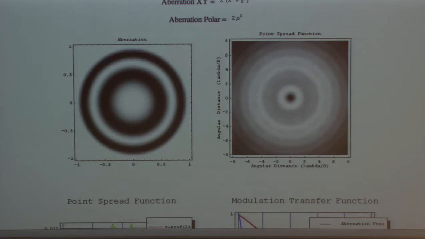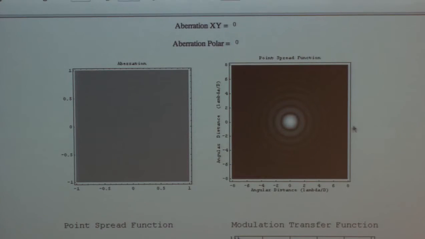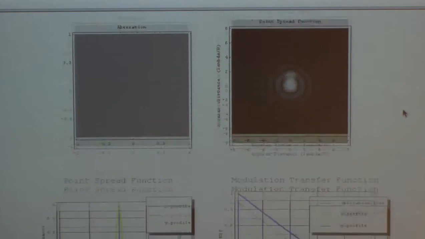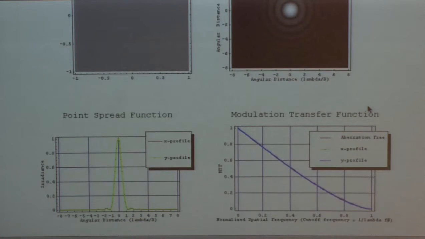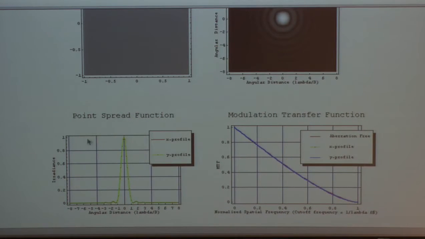Maybe I should start off here with no defocus, just to look at that. So that's my Airy disk. First 0 at 1.22 lambda over d. And here's the peak here.